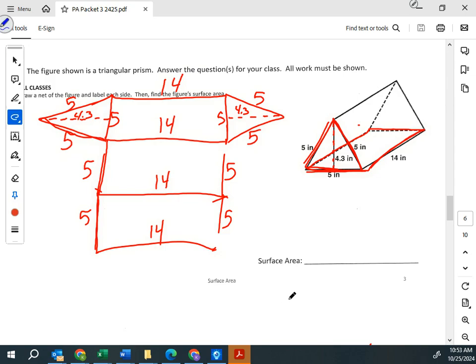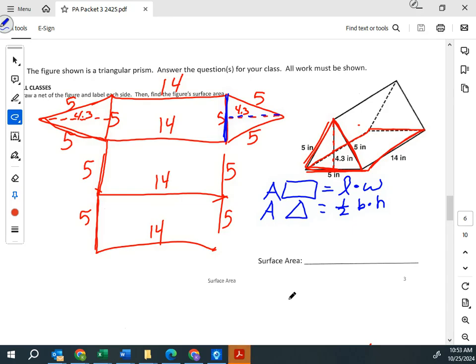The area of our rectangle, remember, is length times width, but I do have two triangles there, which is 1/2 of base times the height. Your base is that bottom, your height goes up to the top part of your triangle.